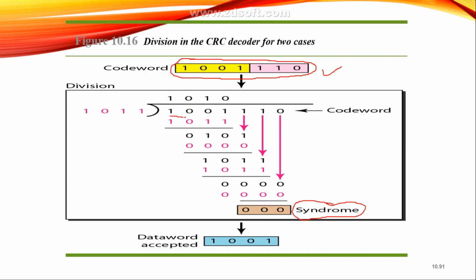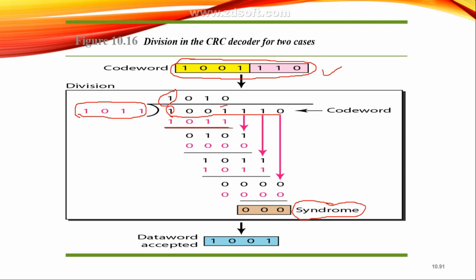This is my code word, and the divisor is predefined, that is 1011. Again, we have to see the leftmost bit, it is 1, so we are going to use the divisor 1011. This is multiplied by this 1, so we are getting 1011 over here.